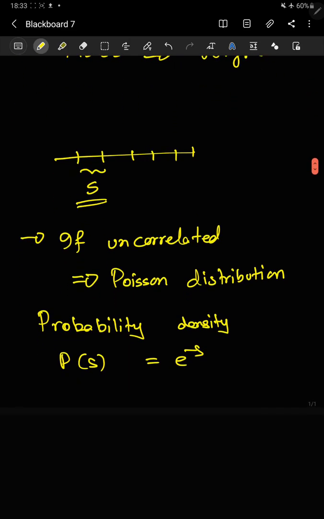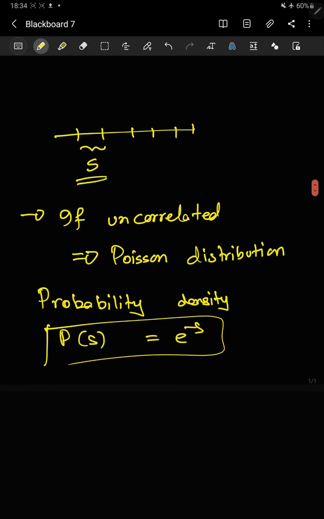So this was the original idea, because energy levels are spaced, and if the spacing is uncorrelated, they would be governed by the Poisson distribution, and the probability density would be given by this.